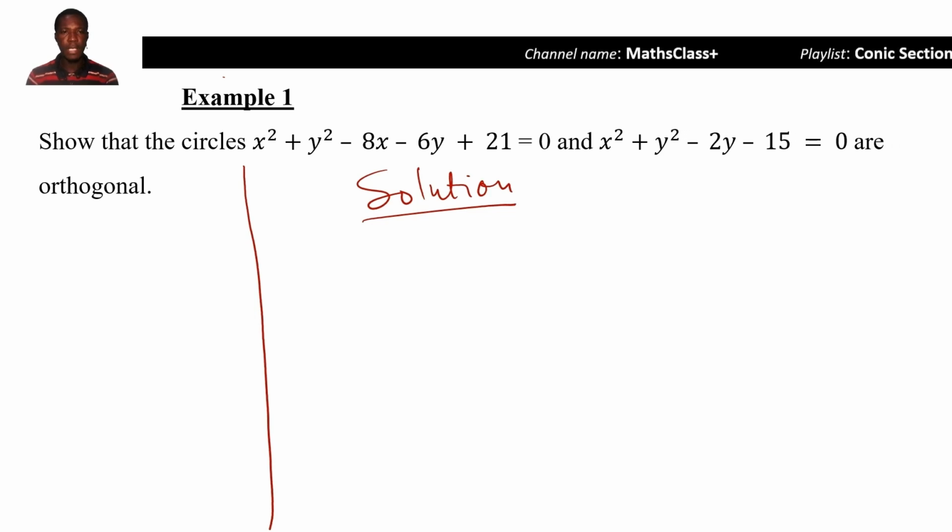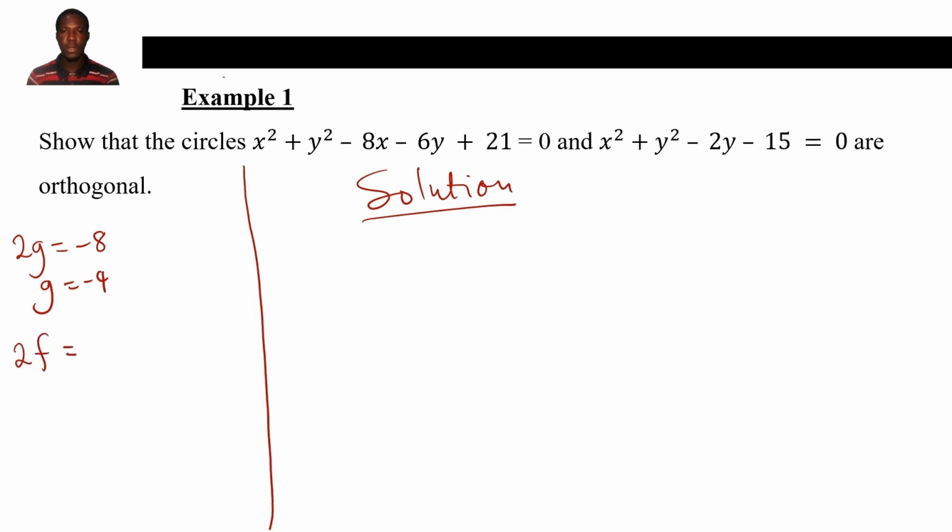I'll take my first circle. From my first circle, 2j is equal to minus 8, so j is equal to minus 4. And then 2f is equal to minus 6, so f is equal to minus 3. And then c is equal to 21.